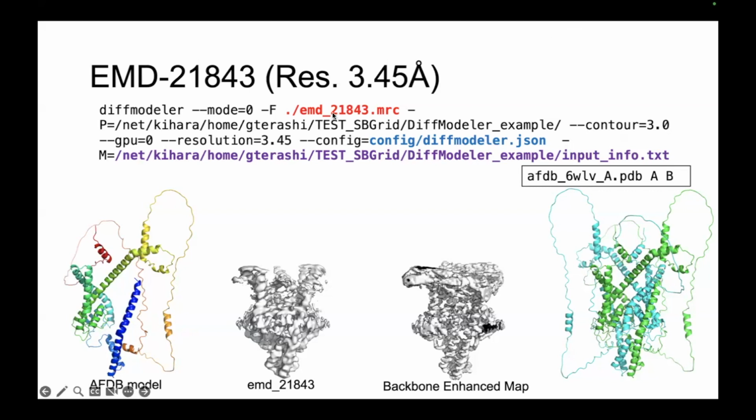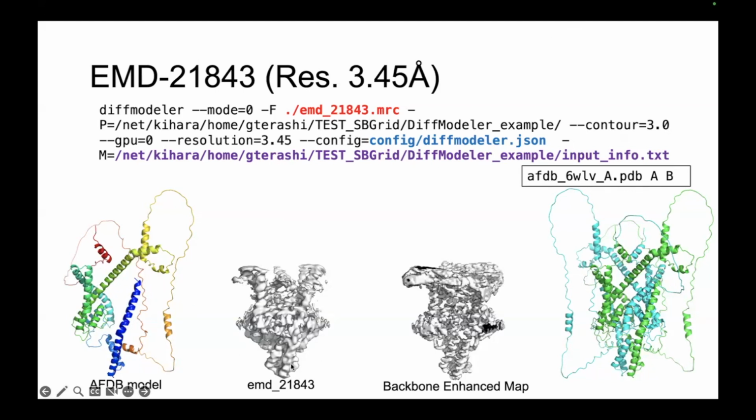I used EMD-21843, and the resolution is 3.45. It's not bad, a relatively high resolution map. Then I downloaded the AlphaFold database model. It looks like a lot of strange loops, but some core regions look very accurate.